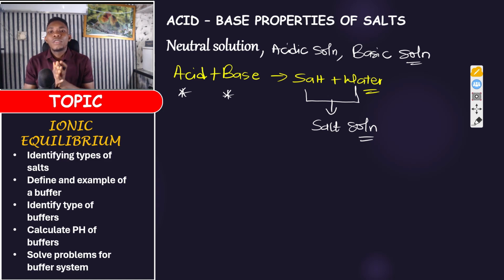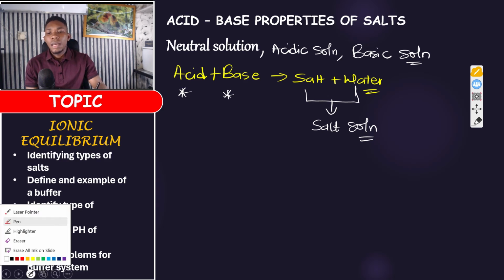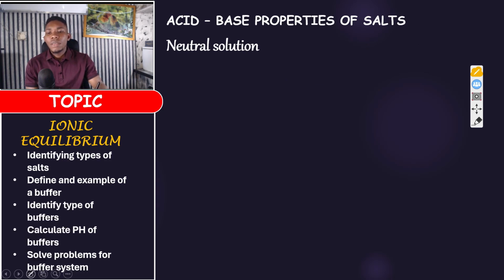Alright, now that you've understood this, let's look at neutral solution in detail. The neutral solution is formed from a strong acid and a strong base when the salt is dissolved in water.